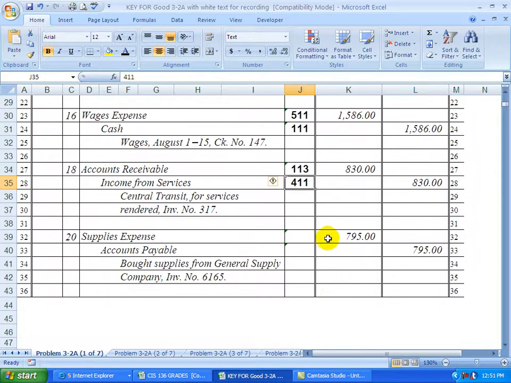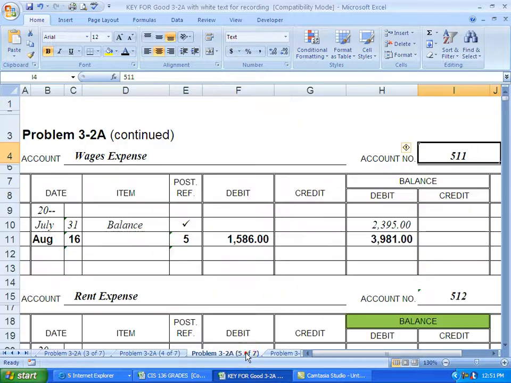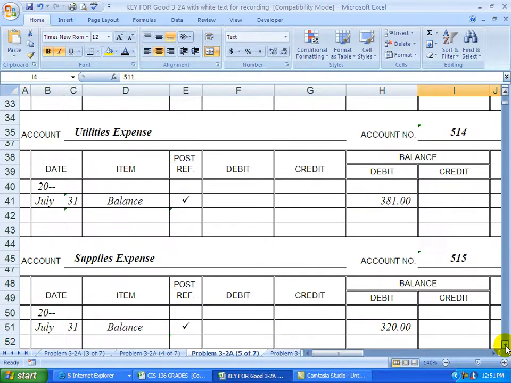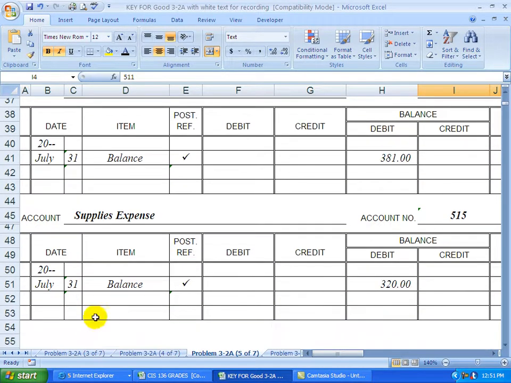Then we're going to debit supplies expense for $795. So I'm going to find supplies expense. I'm going to put in the date. So it's the month and the day.